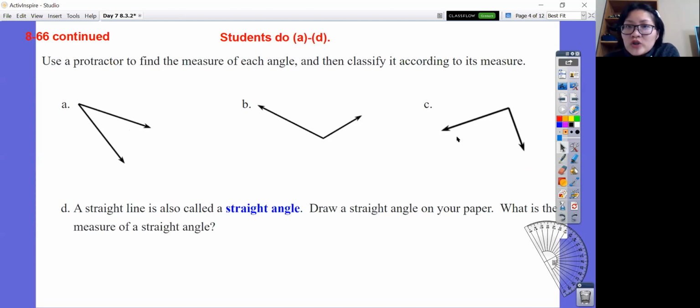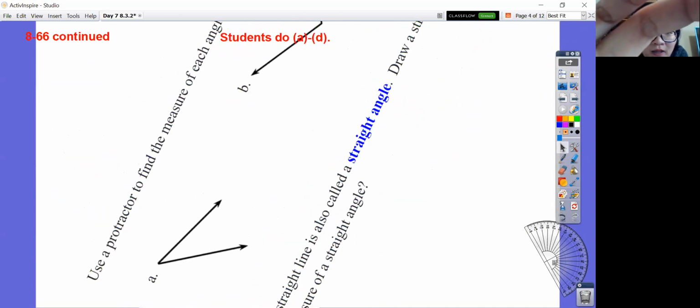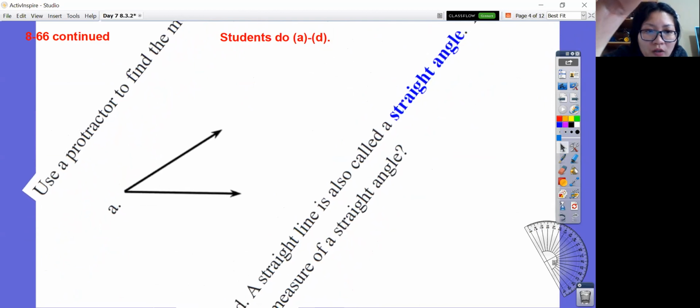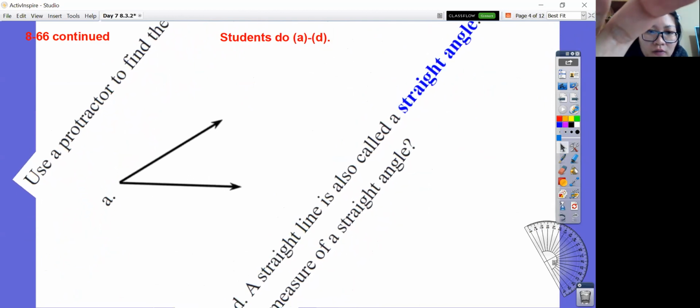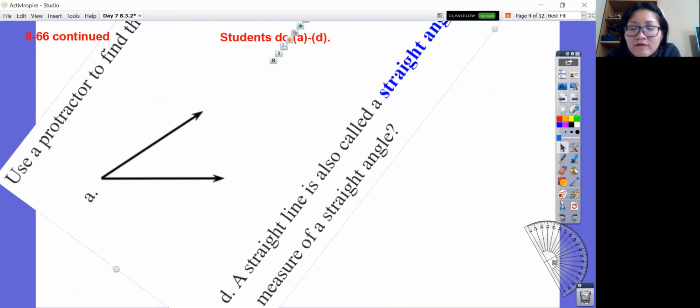I am going to rotate my angle in a way that makes it easy for me to get the answer done. You can rotate your textbook however you want, so it's easy for you to read your angle. This is the one that's easy for me to read.